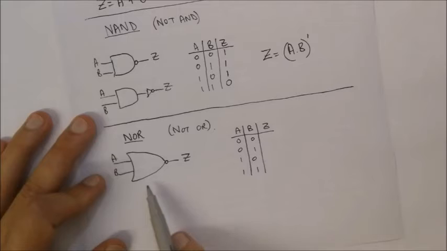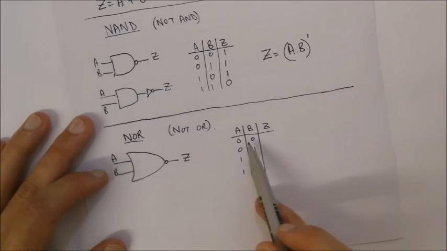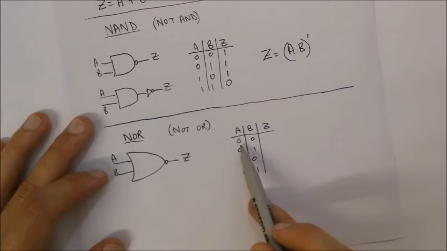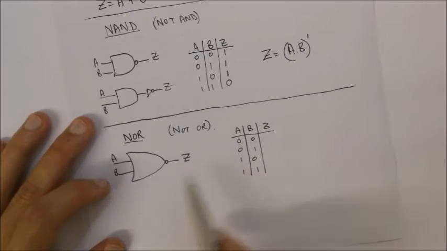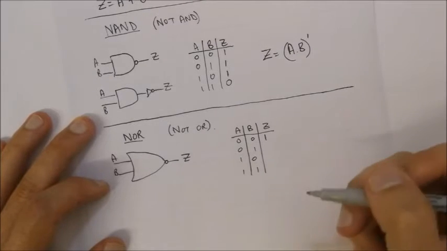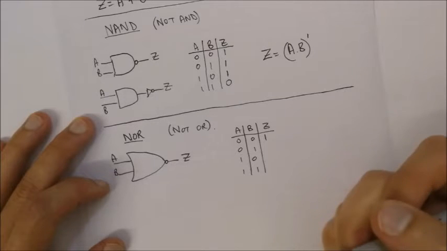Okay, so if we looked at just the OR part of it, A or B, if both were equal to 0, you get an output of 0. But now it's NOTed, which gives you an output of 1. Remember, with the OR gate, if any of the inputs were 1, then the output would be 1.